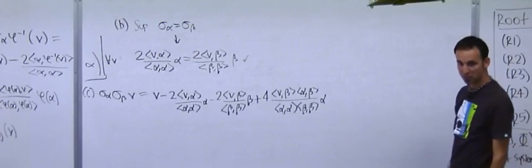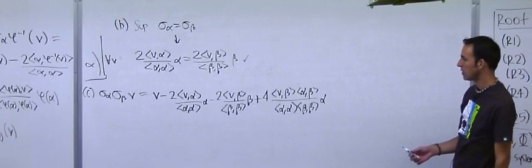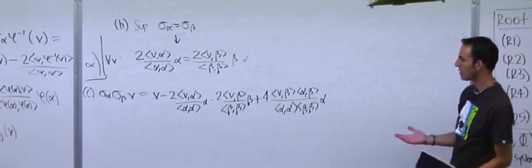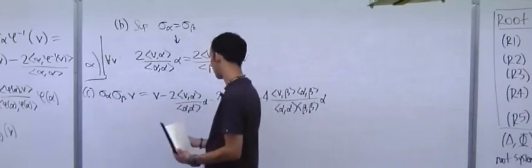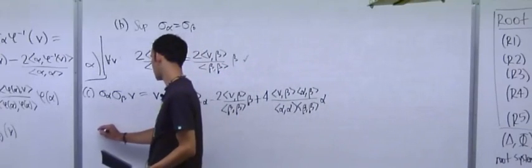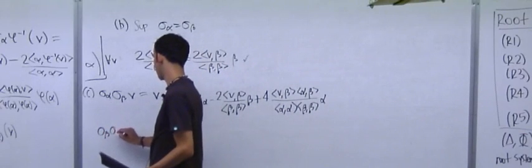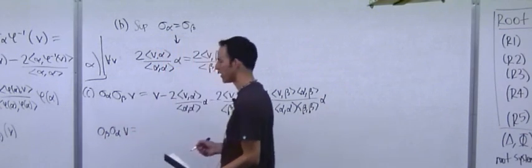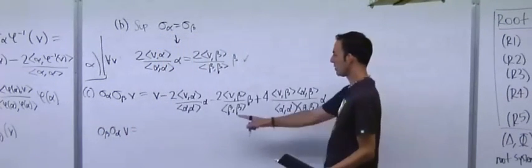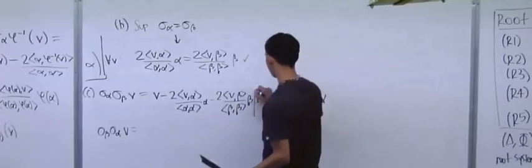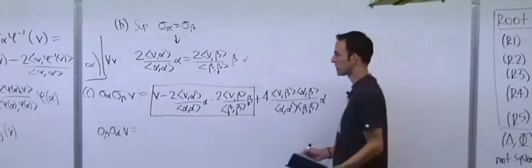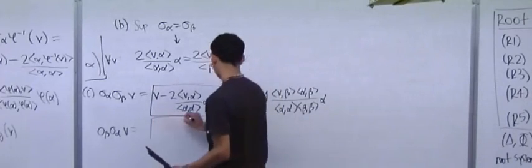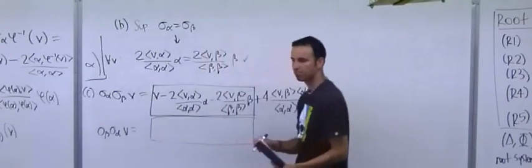So let's take our time and parse what this expression looks like. I mean, it's kind of big, but it's not too bad, because you see, we're looking at sigma alpha, sigma beta. Now, what we're trying to figure out is whether this is the same as sigma beta, sigma alpha. So let's just look at how they differ. Well, this part right here is symmetric in alpha and beta. So when I do sigma beta, sigma alpha, I'm going to get exactly the same thing.